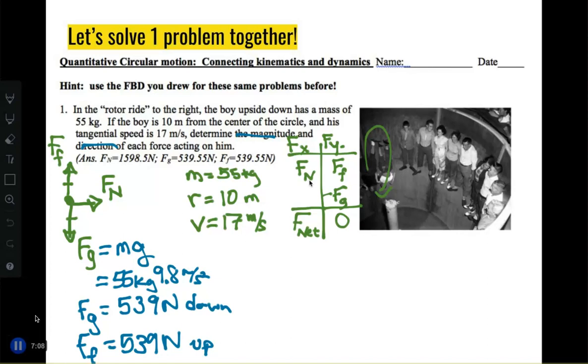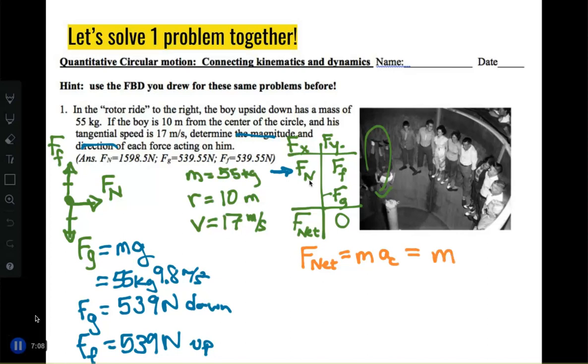So then finally, to be able to find this normal force here, I'm going to use my centripetal acceleration equation to say, oh, I know that the net force, Newton's second law tells me the net force is equal to the mass times the acceleration. In this case, it's a centripetal acceleration because we're moving in a circle.